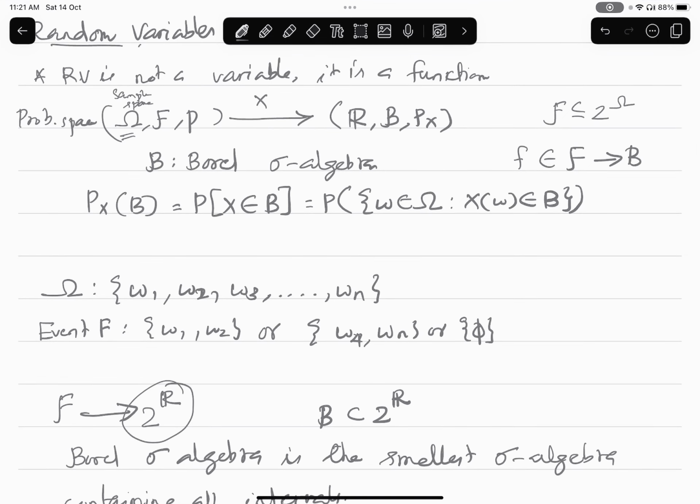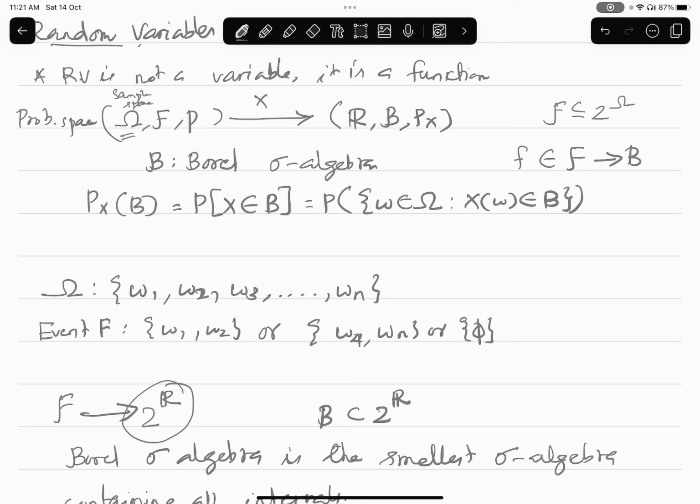What is a random variable? A random variable is a function which takes events from a particular probability space and maps them to the real line. Similar to what we have for any event, we have a probability.